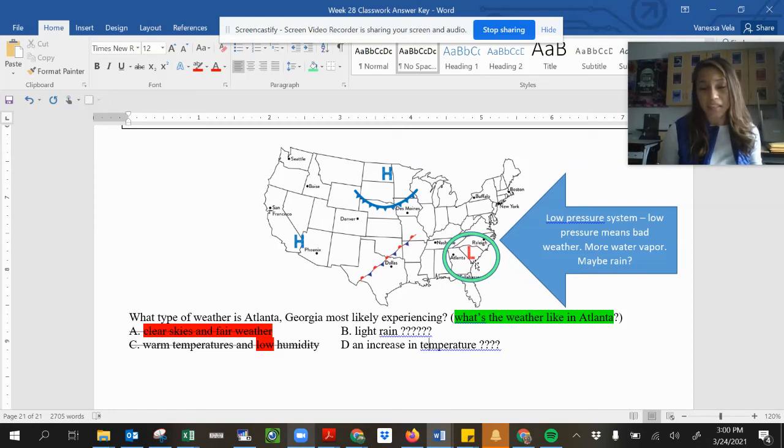It just depends on the front that came about that day, the air mass. But because of the location, I don't see any cold front or warm front here. The other one, just far away, is around here in Dallas. So based on that, my best answer, where I know it's 100% better, is the light rain portion. So that would be the best answer choice.